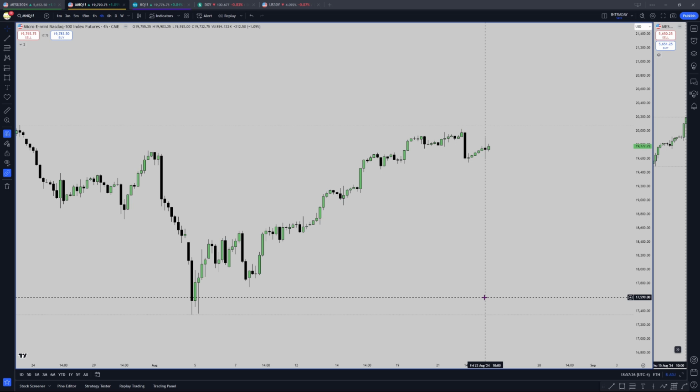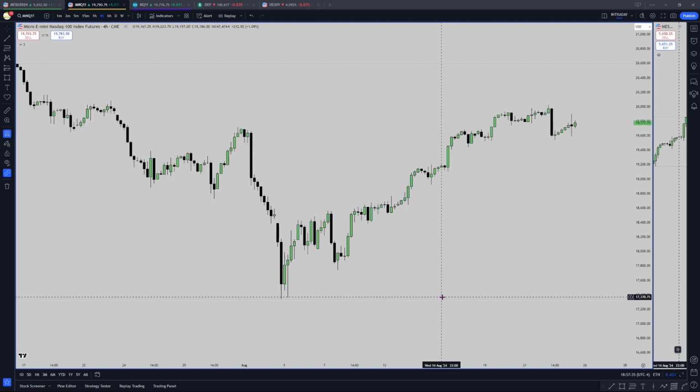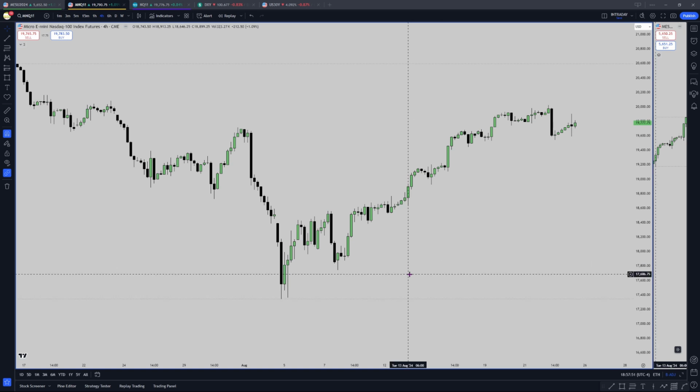Entry models don't matter when you don't understand what the draw on liquidity is, because at that point you're just pattern trading. So I would say instead of paper trading, trade a micro or two until you actually develop a good strategy. But I have nothing against paper trading. I do recommend paper trading. Just personally, I traded a micro or two.